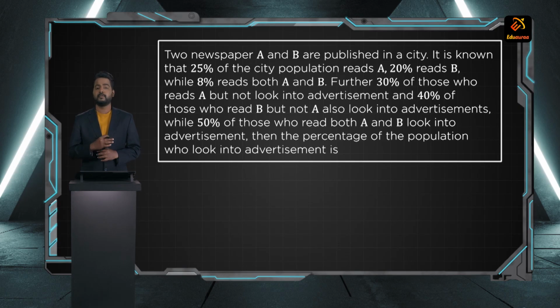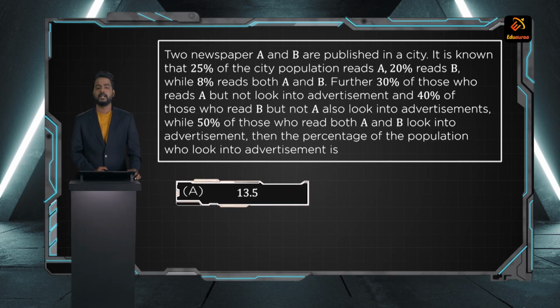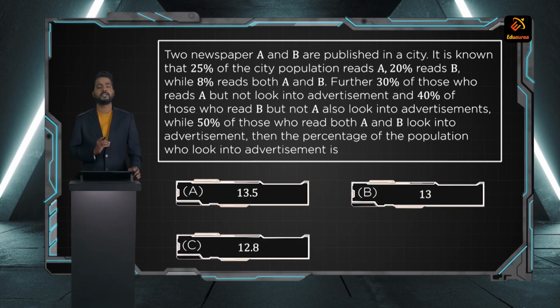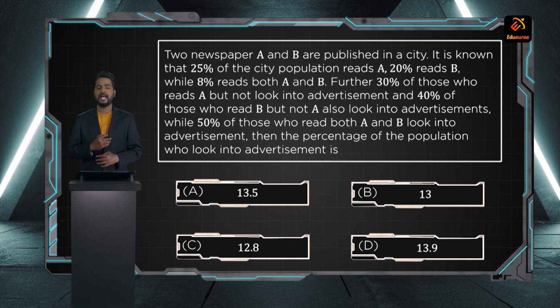Then the percentage of the population who look into advertisement is option A 13.5, option B 13, option C 12.8, option D 13.9. This question has came in JEE Main 2019.